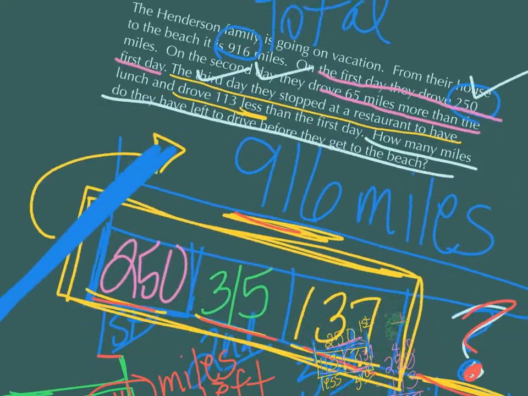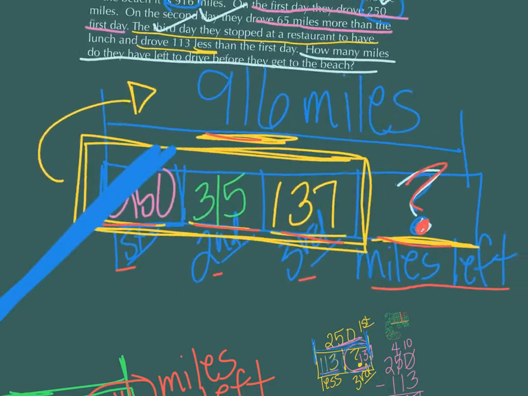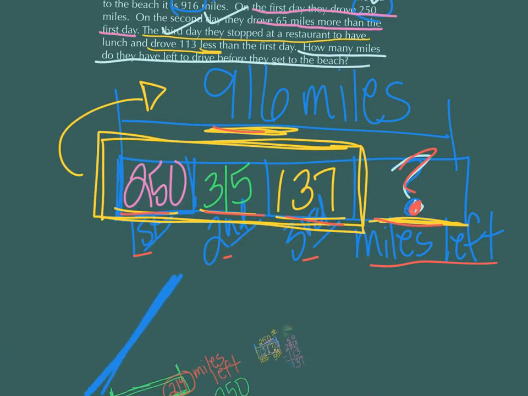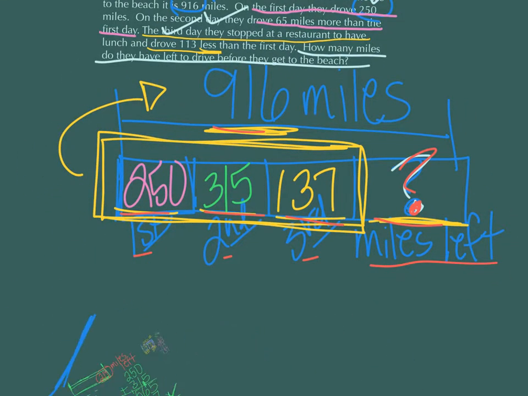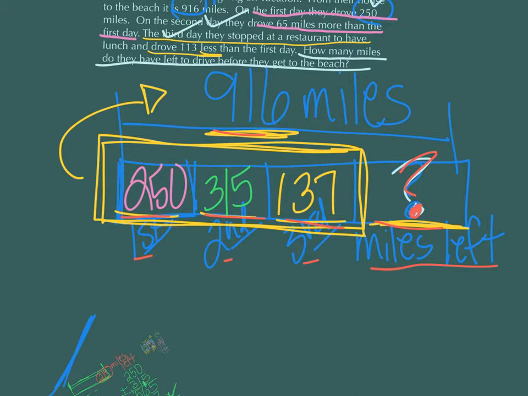So let's see, going back to our original word problem right there. I can see that I have first, second, third day, and then all I had to do was figure out how many miles I had left. And the way I did that was by combining these 3, then subtracting from our total.